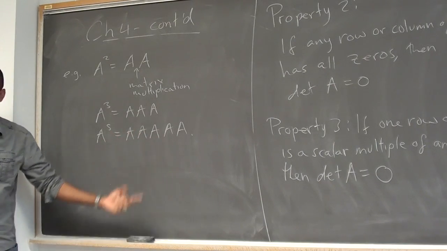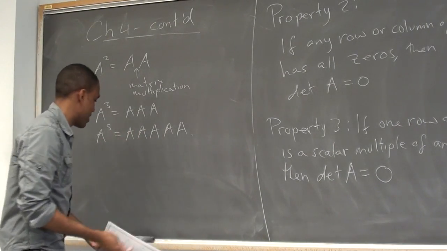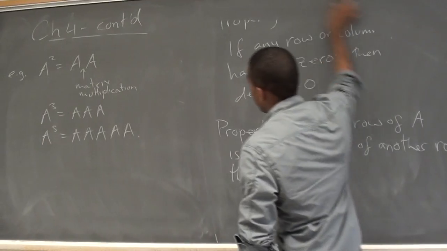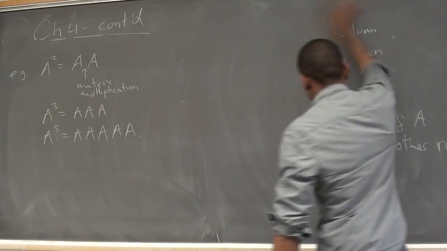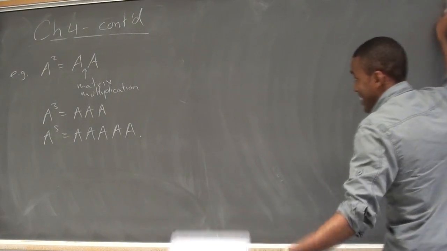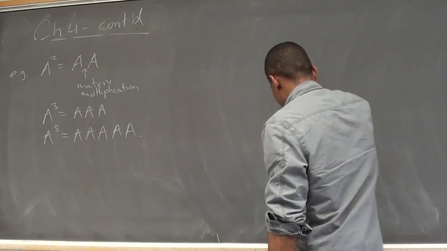Matrix multiplication is going to take you forever to do it 5 times. So they're trying to trick you. You don't need to do it. I see, that's a hint.